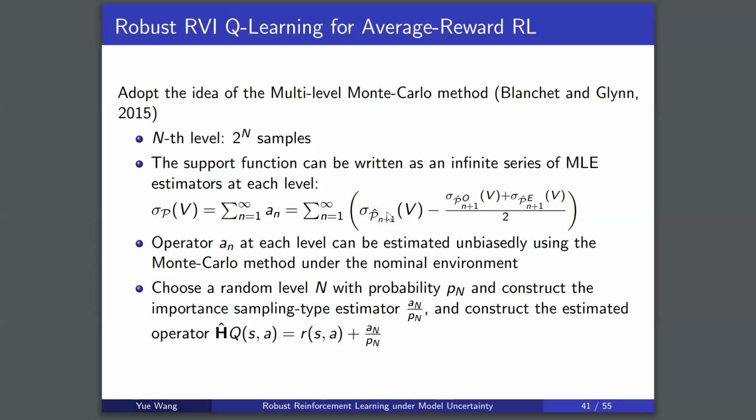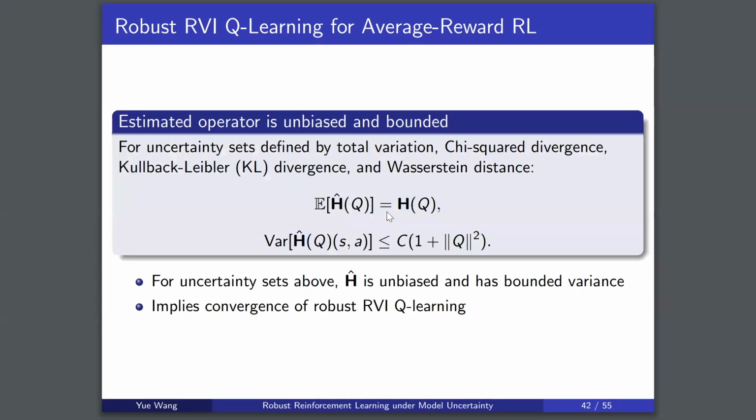So I will skip all the mathematics here. And we showed that for the most widely used uncertainty set, the estimator we construct is actually unbiased and has a bounded variance. And hence, combining with the previous result, it implies the convergence of our model-free robust RVIQ learning algorithm.